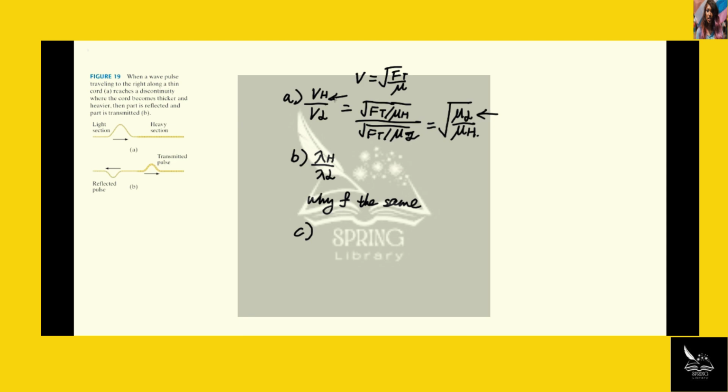And now we look at part B. So the frequency has to be the same in both sections. And the reason is that if we look at the graph, we have the joint of it, it's connected.